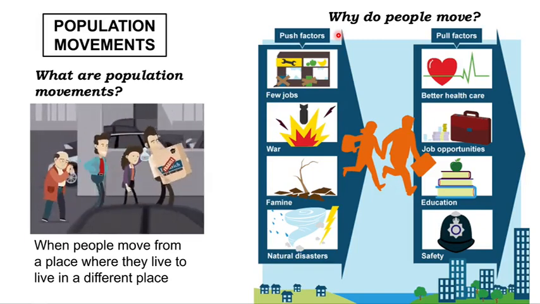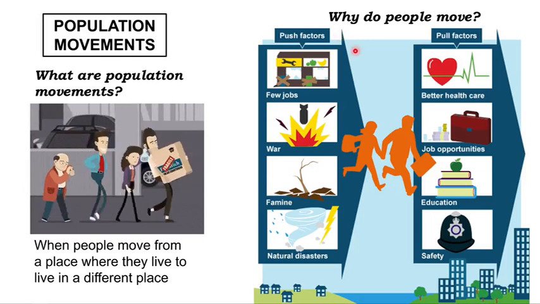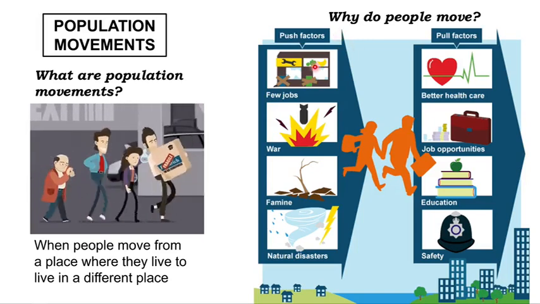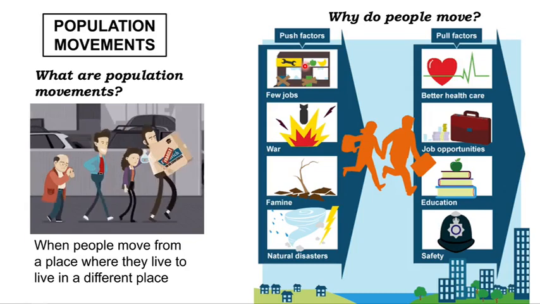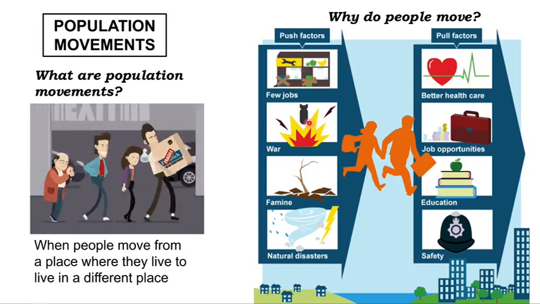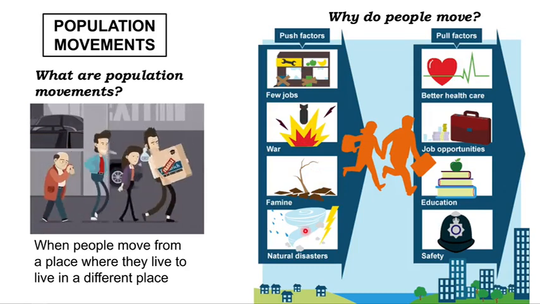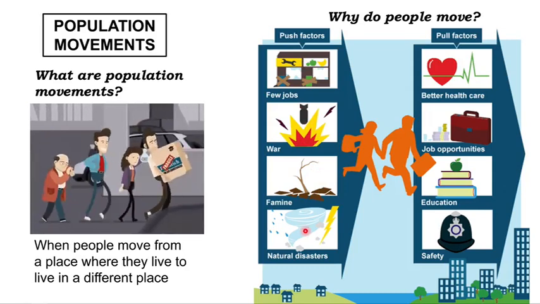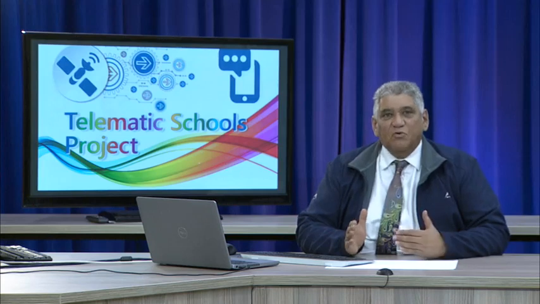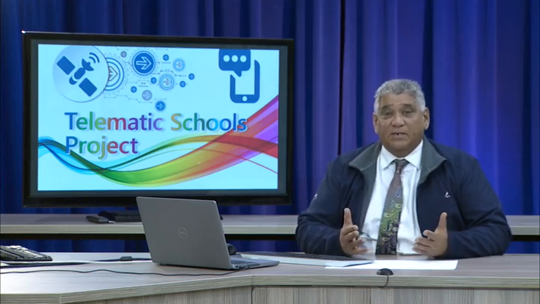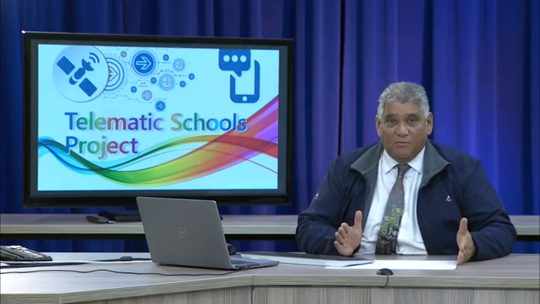Now, generally, let's just have a look. I'm coming back to this again. Your push factors, for instance, unemployment or few jobs, right? There could be war. I've mentioned that already. What about famine? What about natural disasters? And then people decide, I'm going to leave. I'm going to move to a different or a better place, but I don't want to stay here anymore.